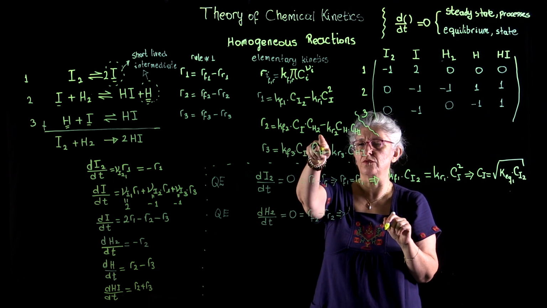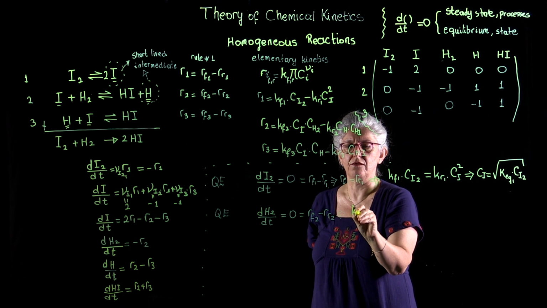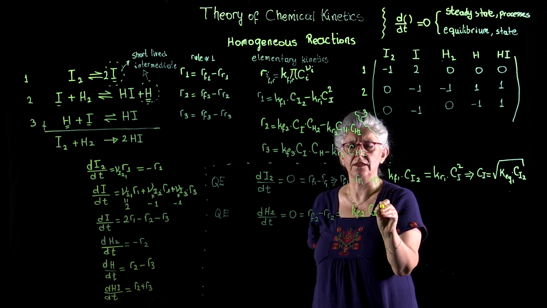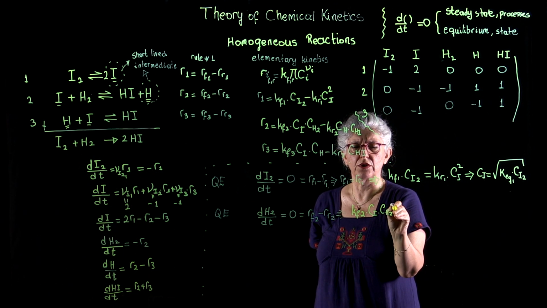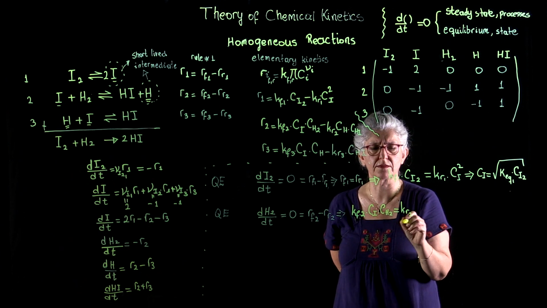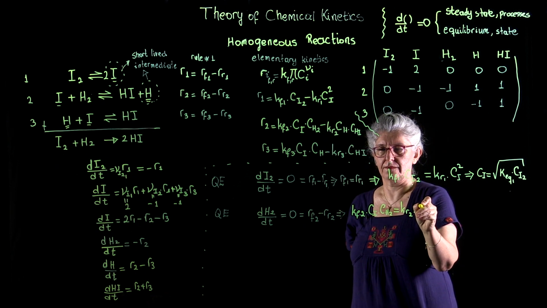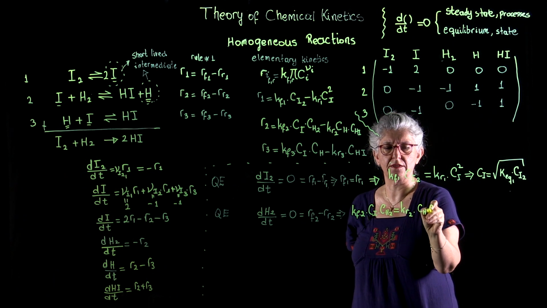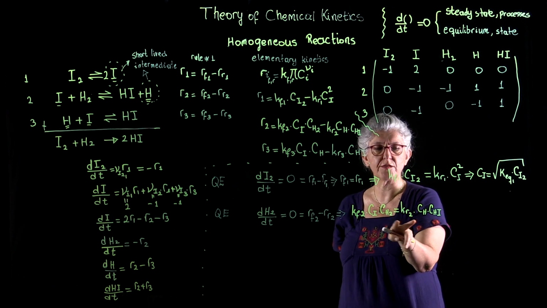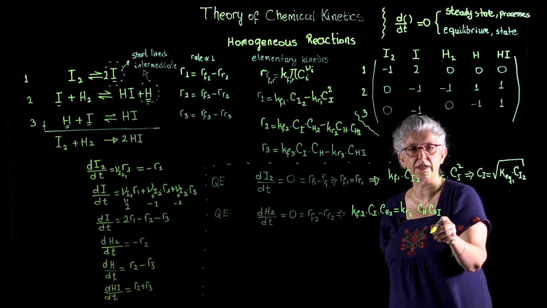Rate forward 2 is equal to rate reverse 2, or K forward 2 times C_I times C_H2 is equal to K reverse 2 times C_H times C_HI. And this expression allows me to obtain the concentration of the short-lived intermediate of hydrogen atom.